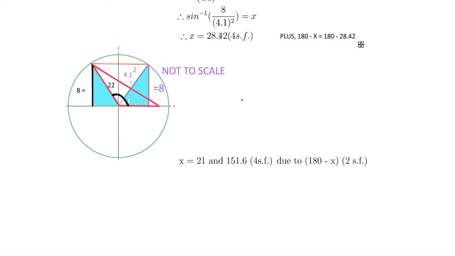I would not use 28.42 because it's to 4 significant figures. I'd literally make sure I take this whole thing, sine to the power minus 1, 8 over 4.1 squared, and do 180 degrees, take away it, to produce my answer for that second triangle.